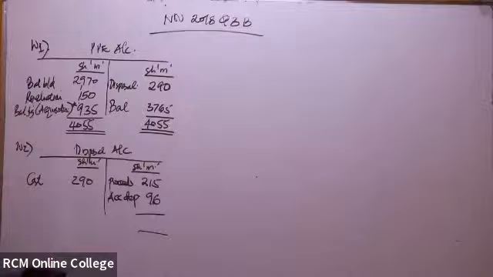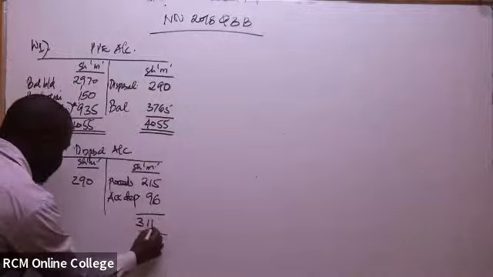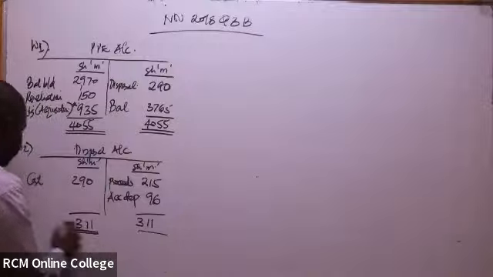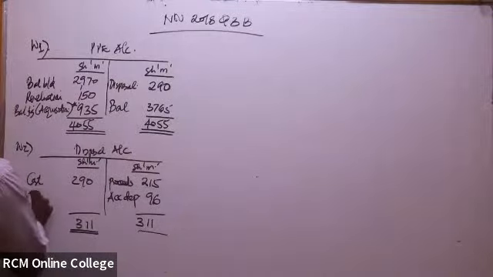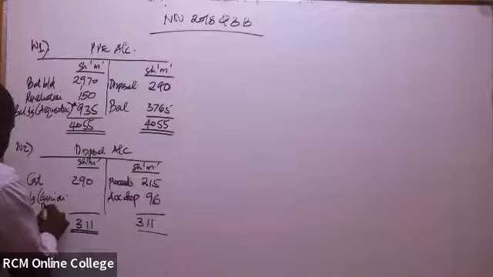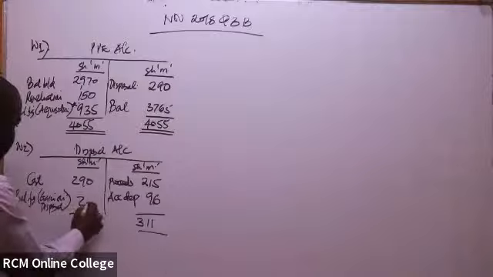So if the balancing figure is on this side, it is a gain on disposal. The total here is 311. So the balancing figure is a gain on disposal, which in this case is a figure of 21.